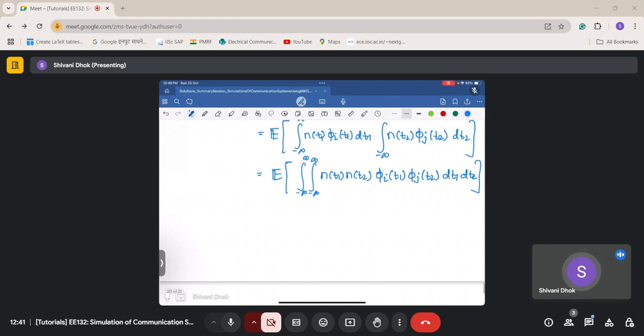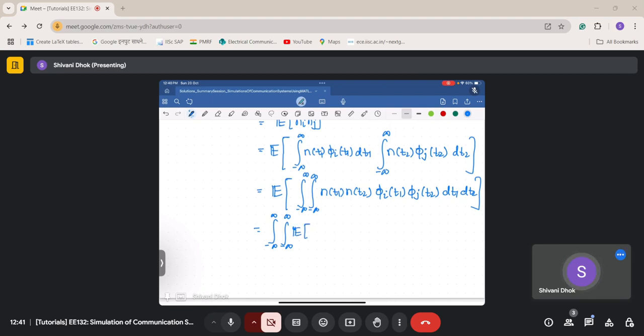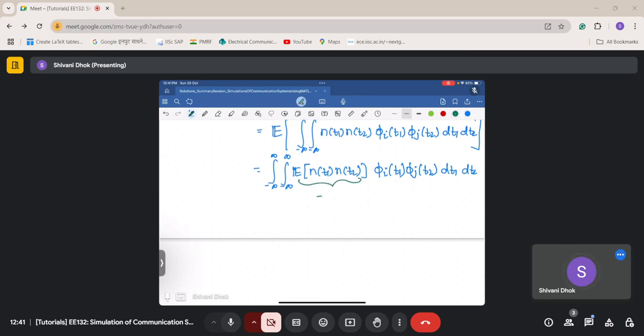Now due to linearity of expectation, I can take the expectation inside the integrals: the double integral of the expectation of n(t1) n(t2) phi_i(t1) phi_j(t2) dt1 dt2. Now this expectation is equal to Rn(t2 minus t1), which comes out to be N0 delta(t2 minus t1).